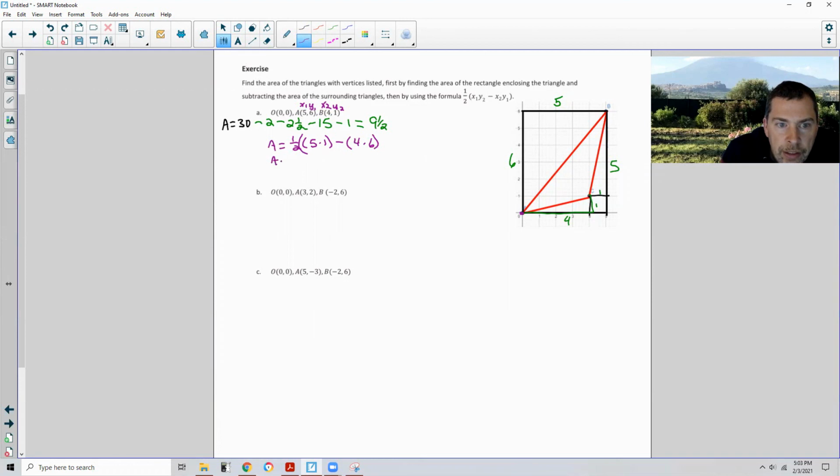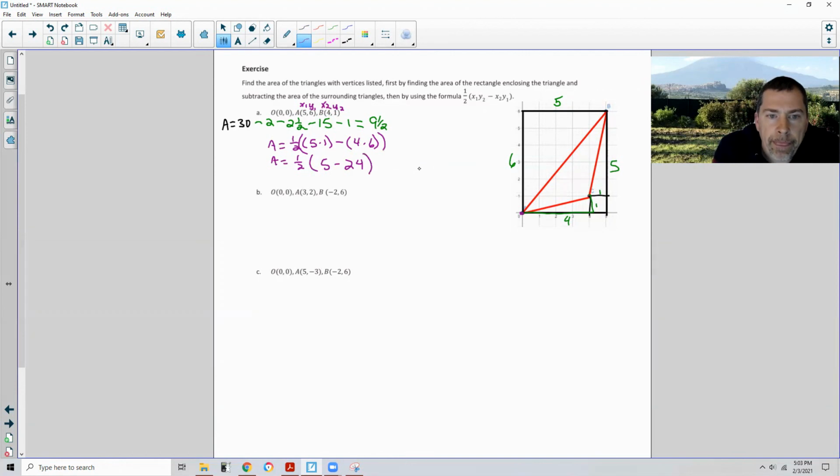So the area is going to equal 1/2, 5 times 1, minus 24. Is that right? x sub 1, 5. y sub 2, 1. x sub 2, 6. y sub 1, 6. x sub 2, 4. y sub 1, 6.